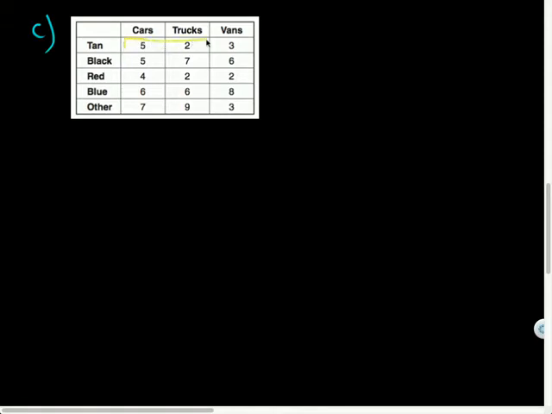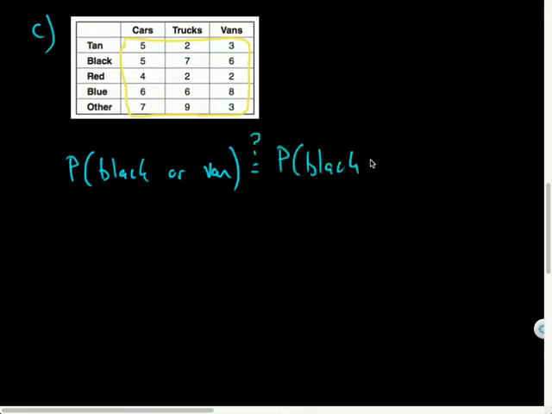Well, that's going to be the 75 again, right? So that is this whole realm. And I'm looking for the probability of black or van. Which question, would that just equal probability black plus probability van?